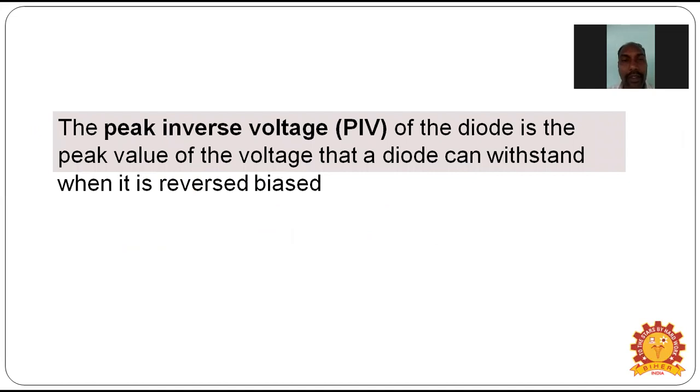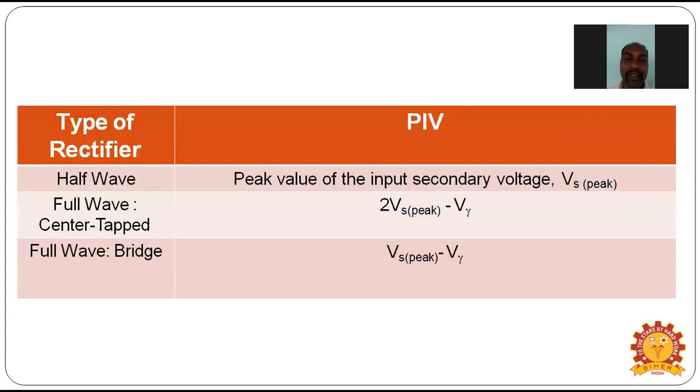Next, the peak inverse voltage, that we say as PIV of the diode, is the peak value of the voltage that a diode can withstand when it is reverse biased.